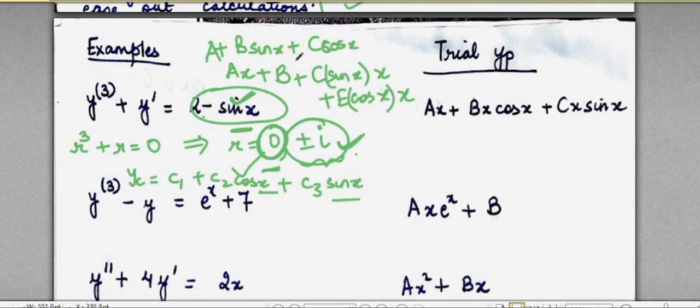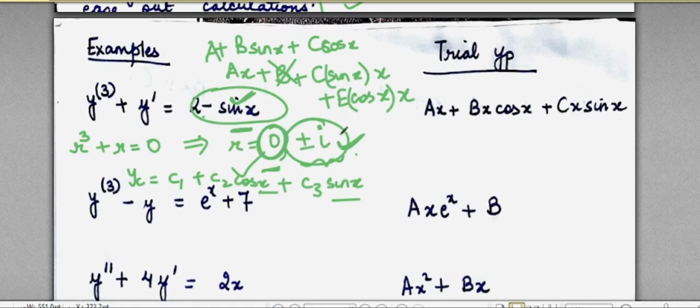Now here also b is extra because a constant kind of term is already in yc, so you can ignore that. So effectively the only terms which are not overlapping with yc, after applying both the rules, the 0 rule and the plus minus iota rule, the special case for the root, the second rule, you can apply them in any order.